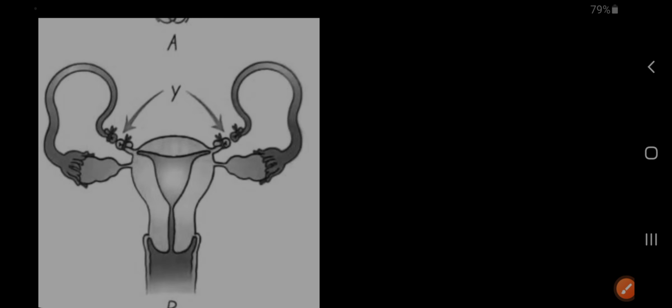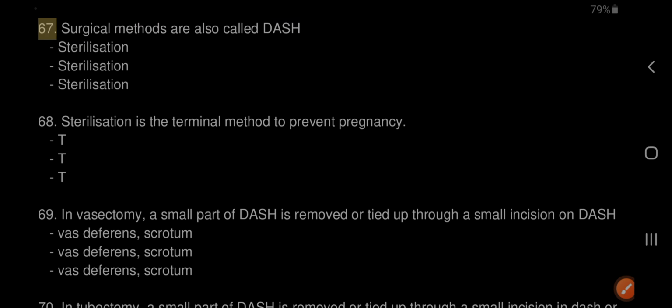67. Surgical methods are also called sterilization. 68. Sterilization is the terminal method to prevent pregnancy. True. 69. In vasectomy, a small part of the vas deferens is removed or tied up through a small incision on the scrotum. 70.